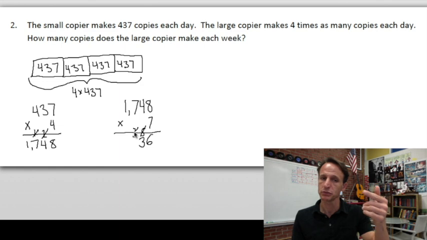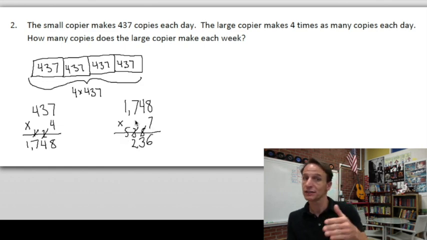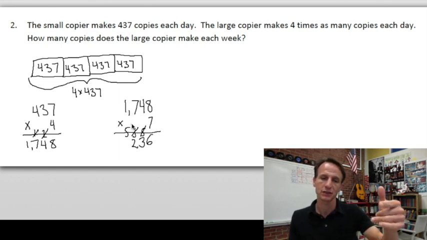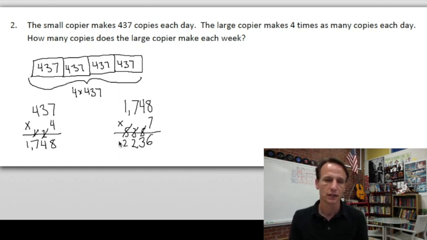Cross it out with me. 49 plus 3. 52. Good. Regroup that 5. So now 7 times 1. 7. Cross it out with me. 7 plus 5. You know that. 12. Great. And if you're wondering, does this answer, 12,236, make sense?